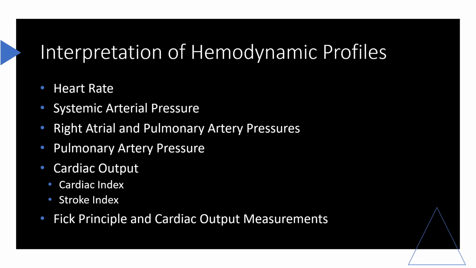For example, the finding of bilateral infiltrates on chest radiographs coupled with a PAOP of greater than 25 millimeters of mercury suggests the presence of cardiogenic pulmonary edema resulting from left-sided heart failure. This is in contrast to a finding of bilateral infiltrates on chest radiography with a normal PAOP, which would indicate the presence of non-cardiogenic pulmonary edema resulting from damage to the alveolar capillary membrane and suggests the presence of ARDS.